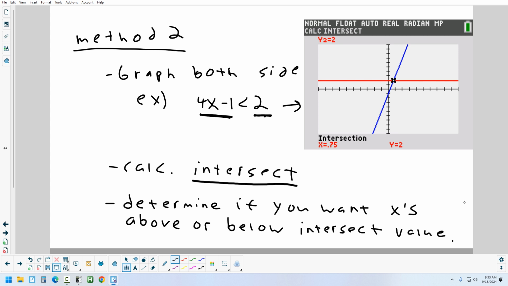Yeah, I want x values to the left, because if you pick an x value over here, on the red line you're right there, and on the blue line you're going to be down there. So any x values that are to the left will put the blue line under the red line. So in this case, anything below 0.75.